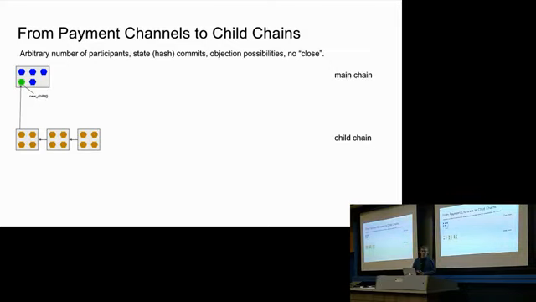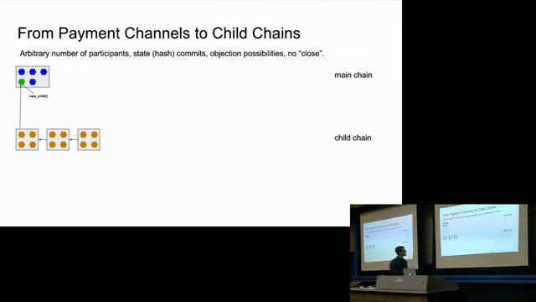This depends on your setting, but usually these child chains would not be operated using proof of work, but for example, using a fixed set of validators. So there are, I don't know, 5 accounts in the world, and only these accounts can create the blocks. They come together, call this new child function on the main chain, and then they start creating their child chain.